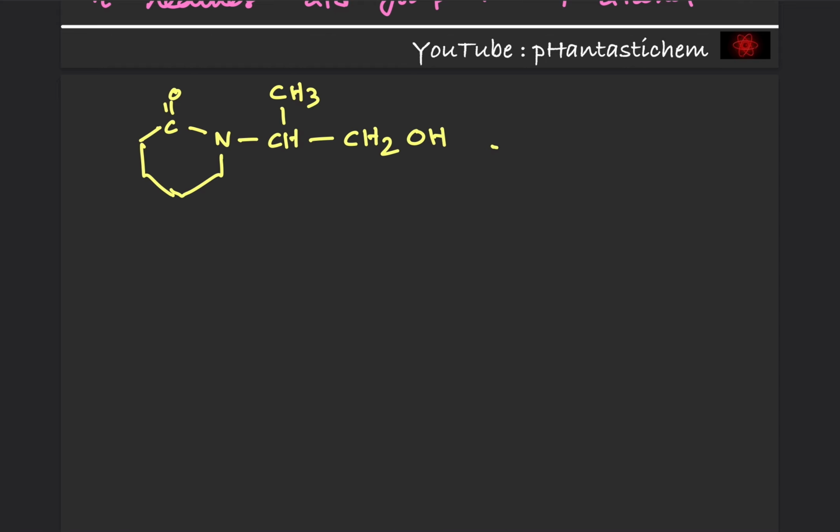The second reagent that we use is aqueous NaOH in the presence of heat. Amides in the presence of aqueous NaOH and heat undergo base catalyzed hydrolysis. Very important. This ultimately gives the corresponding carboxylic acid salt, and the other product depends on what N is attached to.